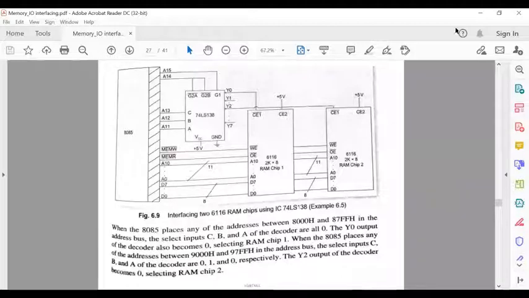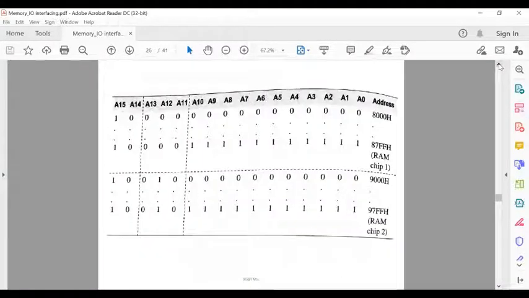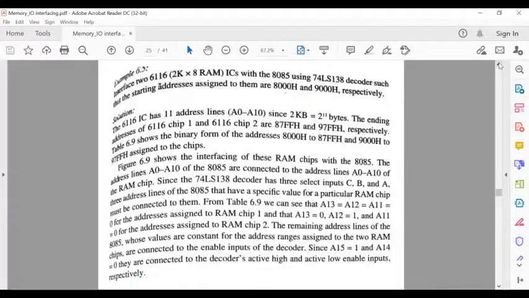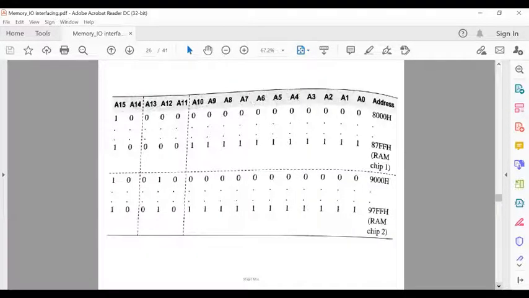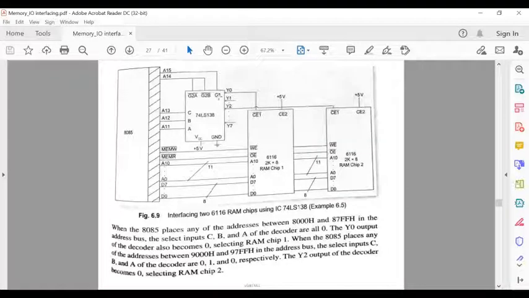Yes. The A14 line is always 0. The A15 line is always 1. Now according to the 3 to 8 decoder circuit structure, this is the high enable pin which requires always logic 1.